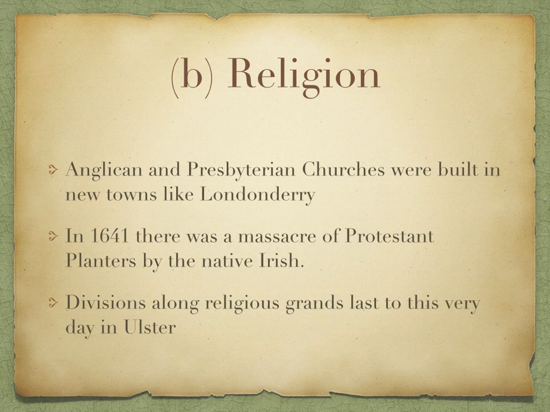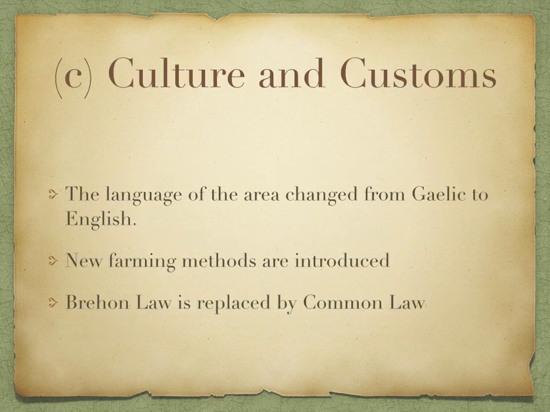The Anglican and Presbyterian churches were built in towns like Londonderry, but it sparked a lot of animosity between the two communities. In 1641, there was a massacre of Protestant planters by the native Irish. This was broadcast all over Britain, and was one of the reasons Cromwell came to Ireland in the 1640s. And the divisions along religious grounds last to this very day in Ulster.